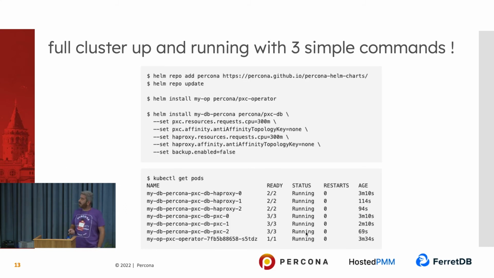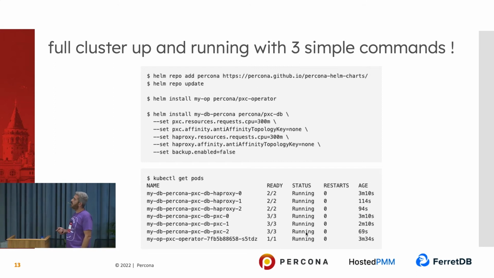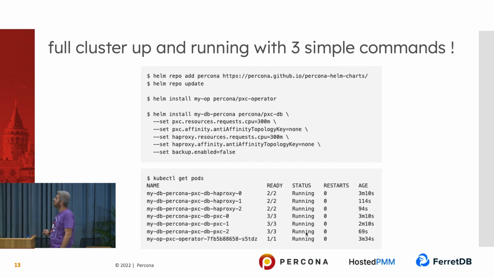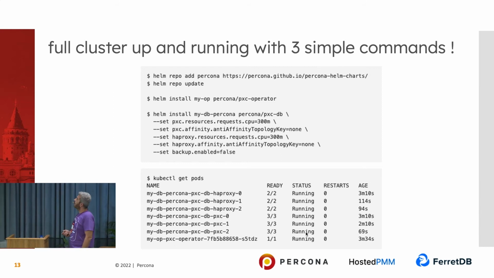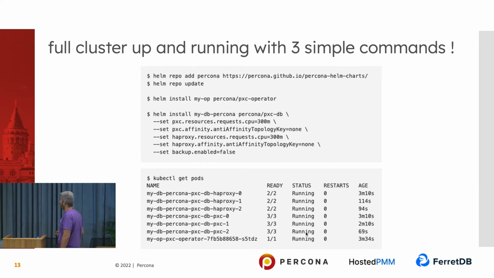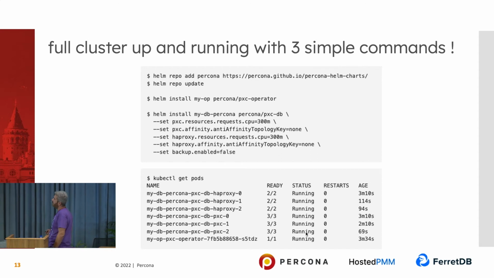And this is an example where, as you can see, with 3 commands using Helm I can have a full cluster up and running. What I did here was add the repo, install the operator, and then create the cluster, passing some custom configurations. I've allocated this amount of CPU, I've set an affinity for both PXC and HAProxy, which is the load balancer, and for demonstration purposes I've decided to keep backups disabled.